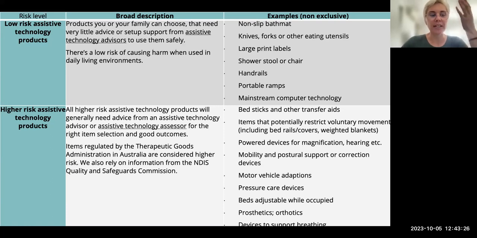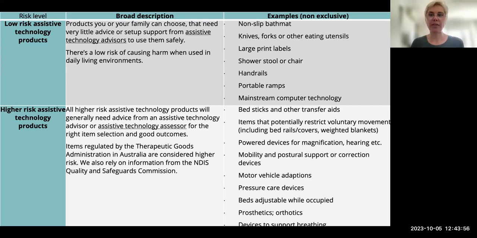risk AT products. But the process of getting one, they won't just fund an iPad, especially now that COVID's over. During COVID, they were funding them very easily because people needed Zoom. Typically, they wouldn't usually be funded unless it is for AAC, so as a communication device, or for a communication program, or it might be for someone who is hearing impaired.